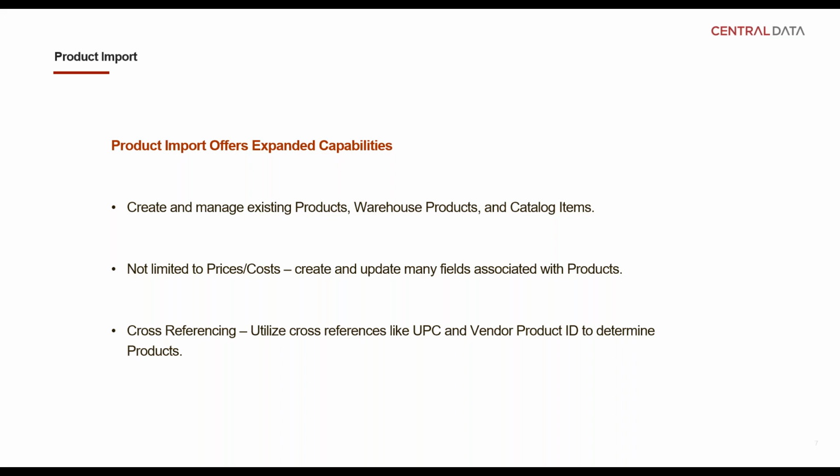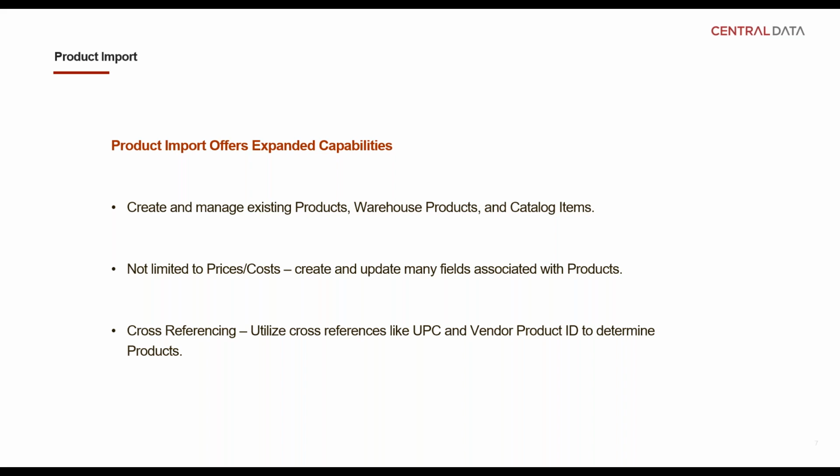You can create and update many of the fields associated with your product's properties. And then additionally, it utilizes cross-referencing. So you may or may not have your product ID associated with that vendor information that comes across from your vendor. But if you do have something like UPC or your vendor's product ID is received from the vendor and you've got that stored in ICSW, we can utilize product import to cross-reference that, shaving off the requirement of having your product ID in the data that you're uploading.